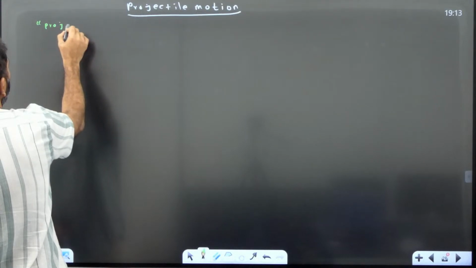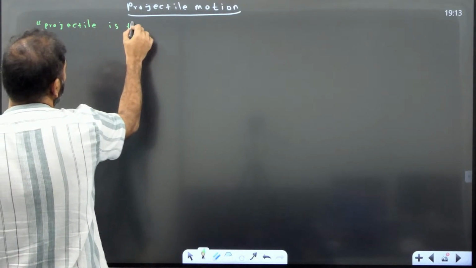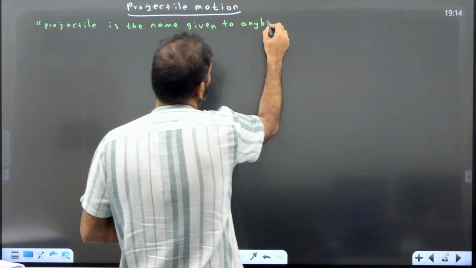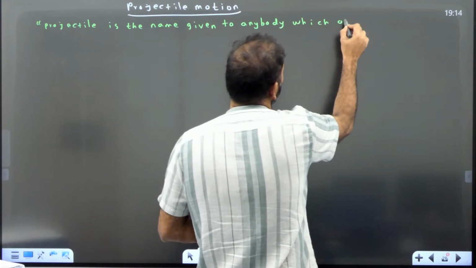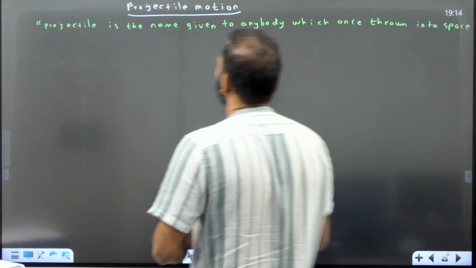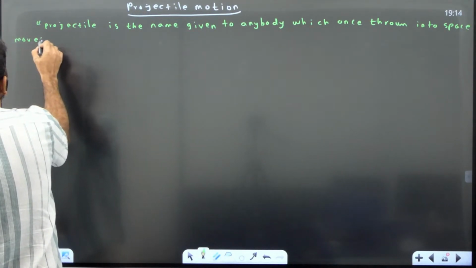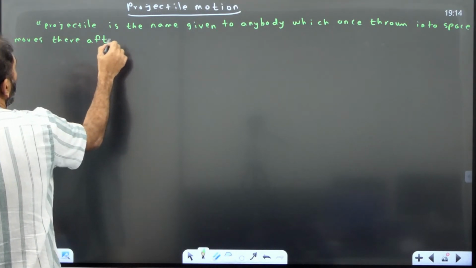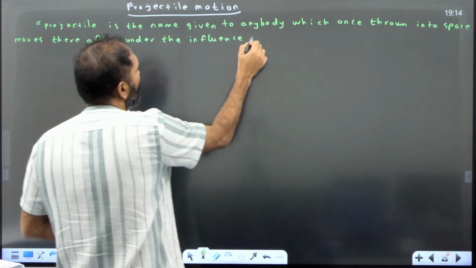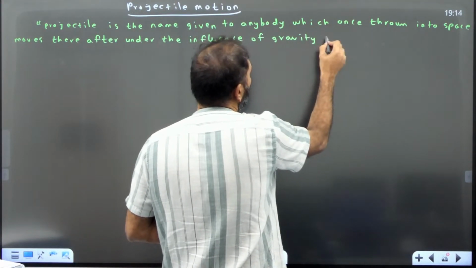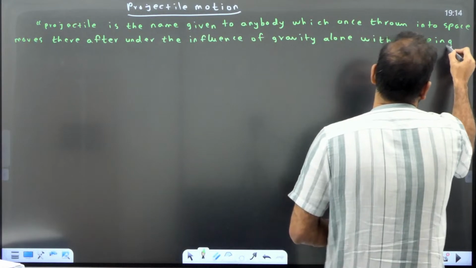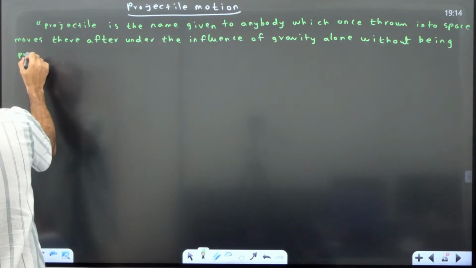Projectile, this definition is also very important. Projectile is the name given to any body which, once thrown into space, moves thereafter under the influence of gravity alone, without being propelled by an engine or fuel.